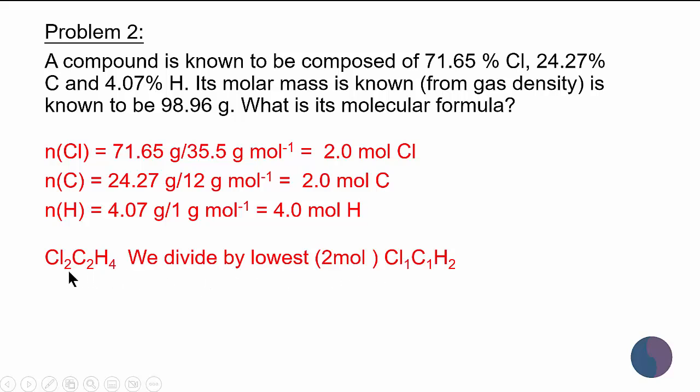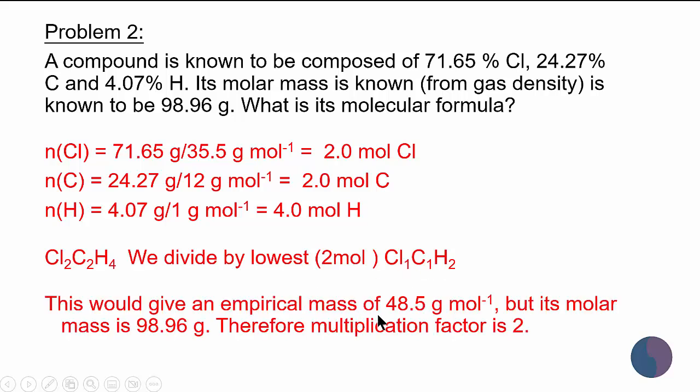That's not the lowest whole number ratio, so we have to get that to get an empirical formula, which is 48, which is ironic. That is the actual substance. So the molar mass is 98, which is double, so therefore it's times by 2. So that's the empirical formula, and that's the molecular formula. Okay, so have a go at a few of those.